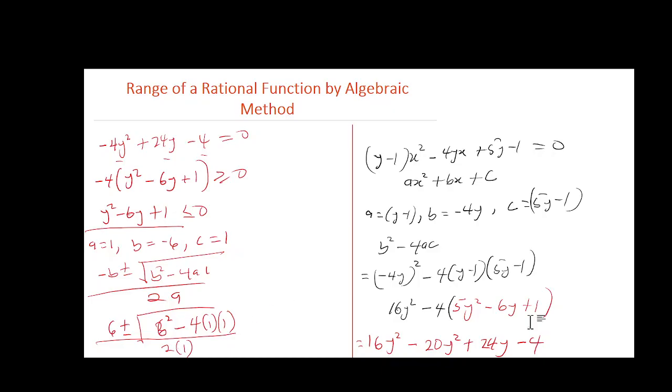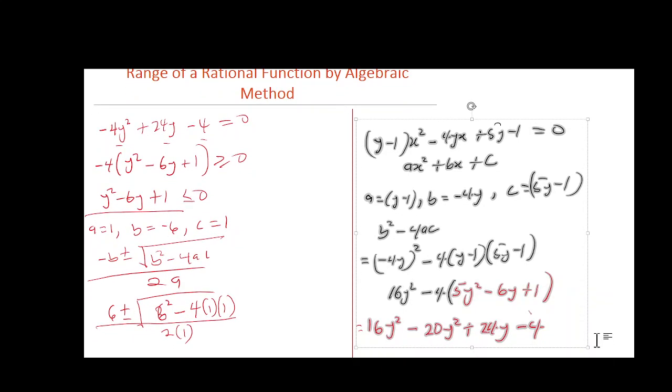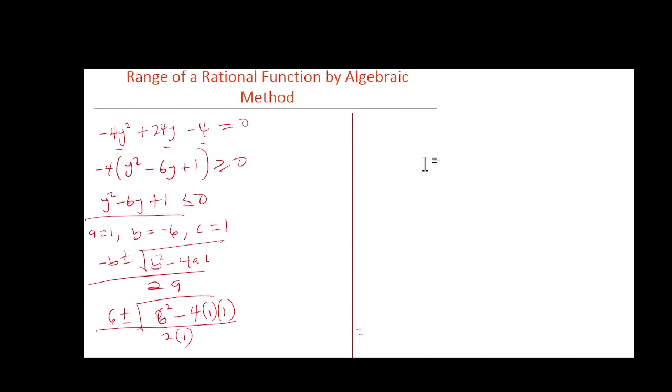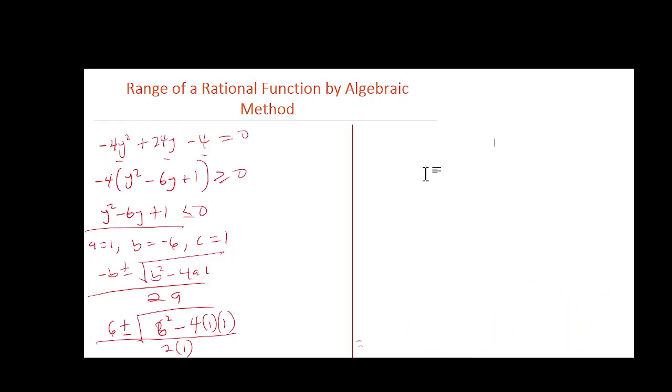So the final part of the function will give us 6 plus or minus the square root of 6 squared, which is 36, minus 4. 4 times 1 times 1 is 4, all over 2 times 1, which is 2.